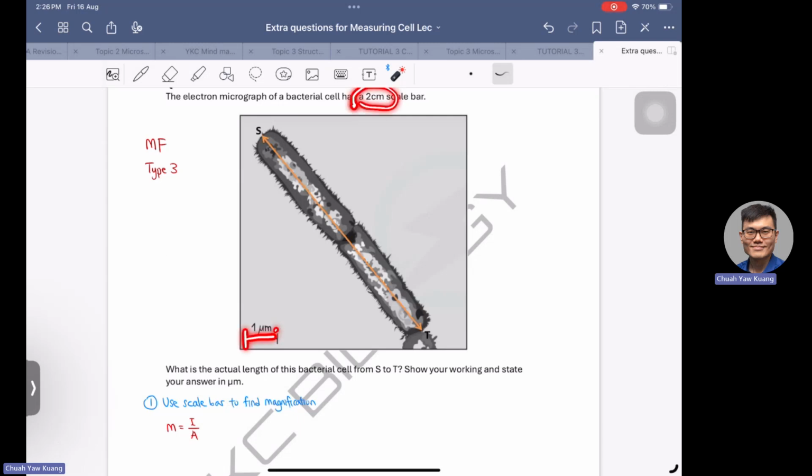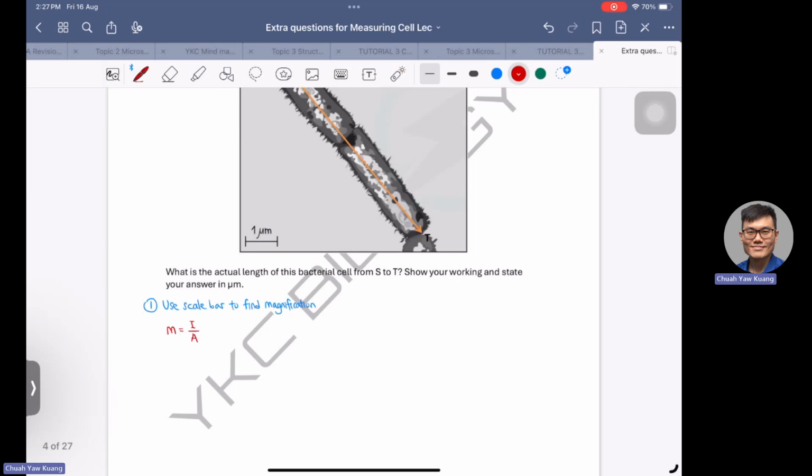Of course, when we use our ruler to measure it, it might be bigger or smaller than 2 cm. But since the question tells us it is 2 cm, we have to use this measurement. So the image size would be 2 cm.